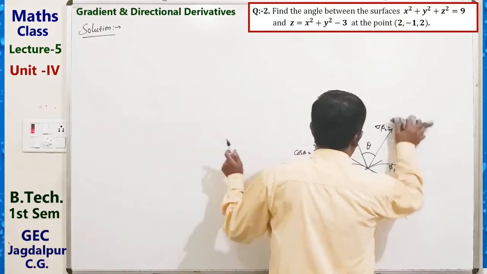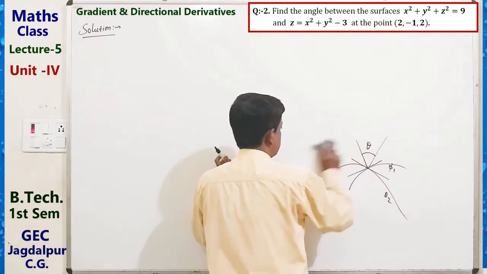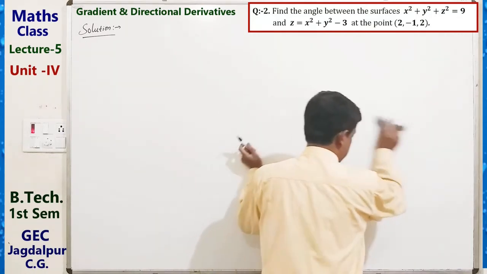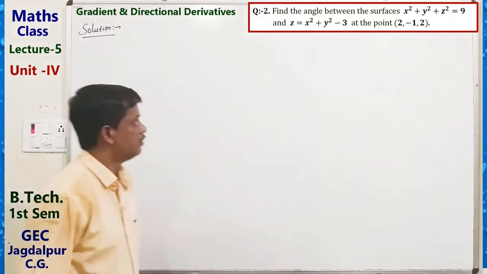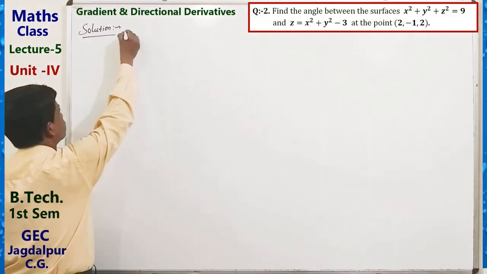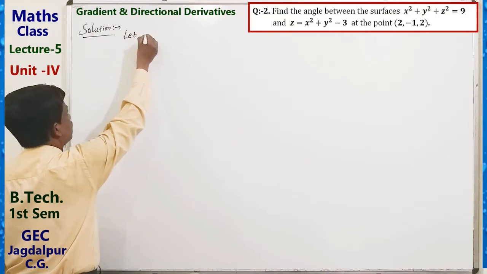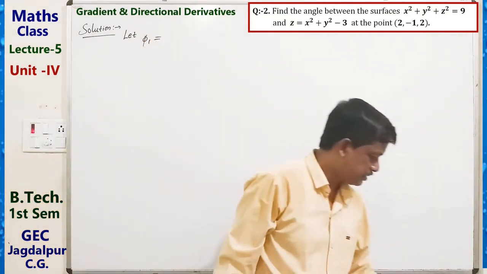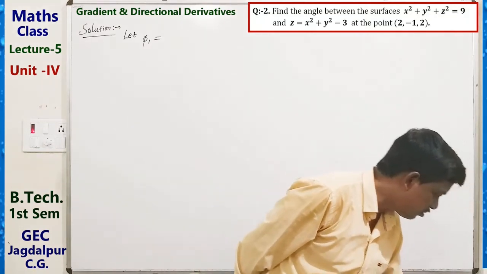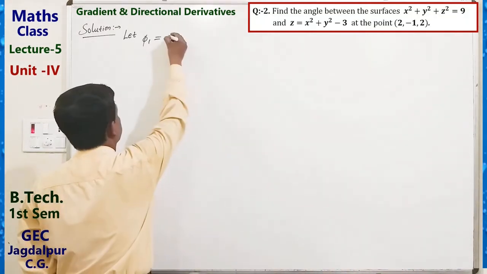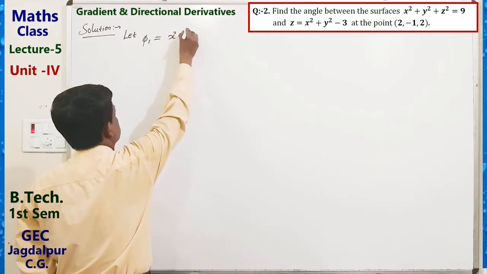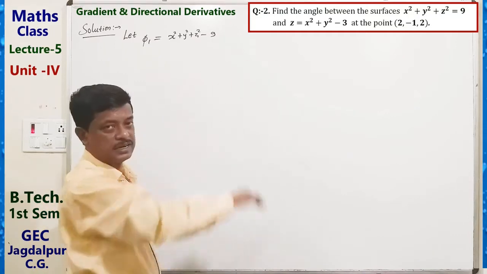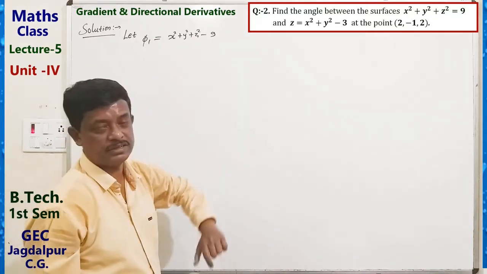We can find the angle. So first of all, at that point we have to find the normals. Let φ1 equal what is given. First surface: x² + y² + z² = 9. Just transfer 9 to the left hand side: φ1 = x² + y² + z² − 9 = 0.